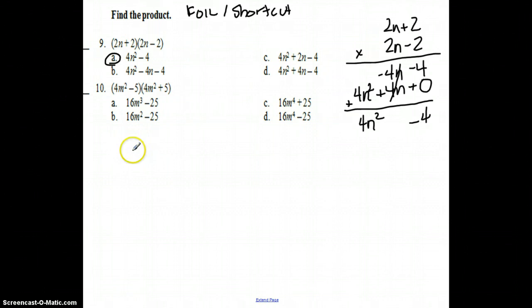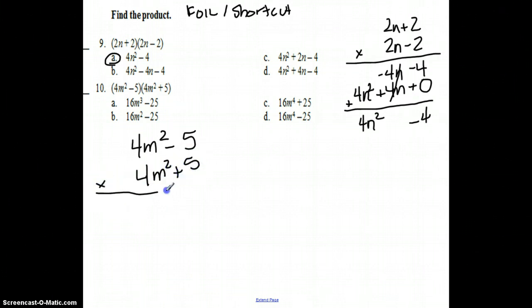On 10, same kind of idea. So I set up my problem. So 5 times negative 5 is negative 25. 5 times 4m squared is 20m squared.